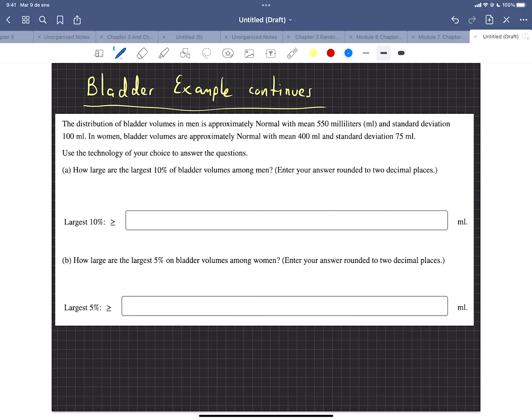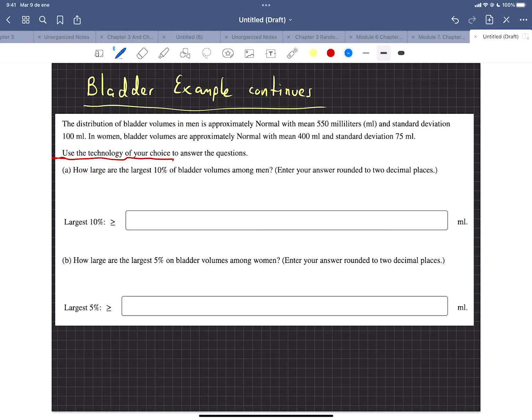Now, this example continues here. The distribution of bladder volumes in men is approximately normal with mean 550. The same information as in the previous exercise. But now we have new questions. It says use the technology of your choice. Well, in this case, I'm going to use Minitab. How large are the largest 10% of bladder volumes among men?